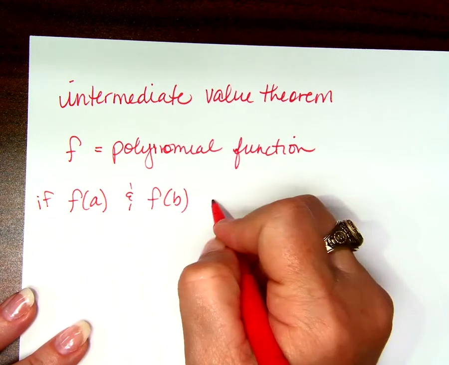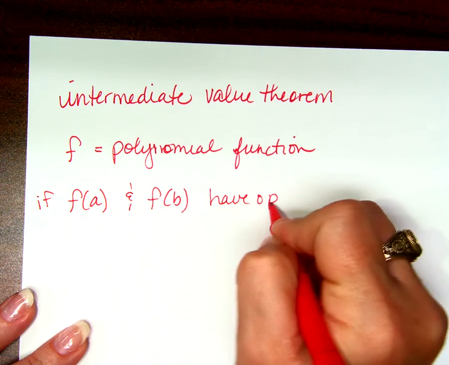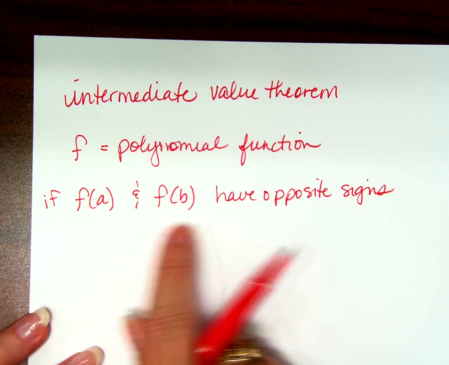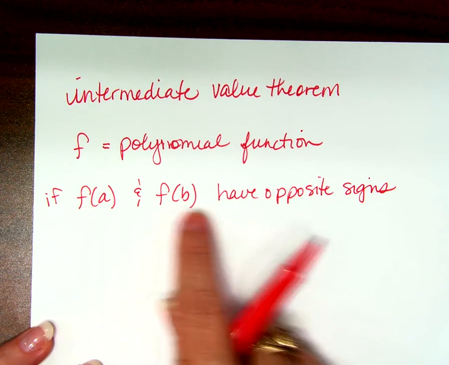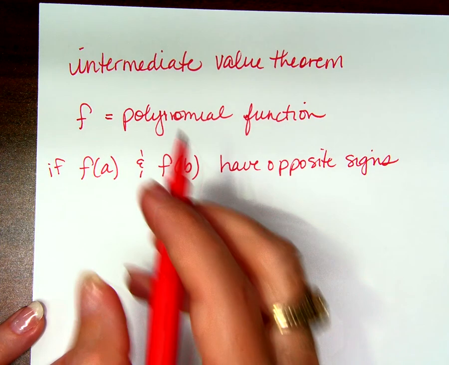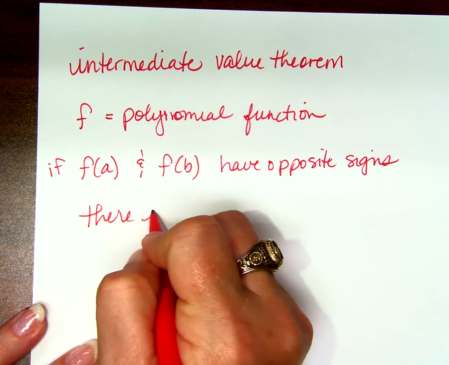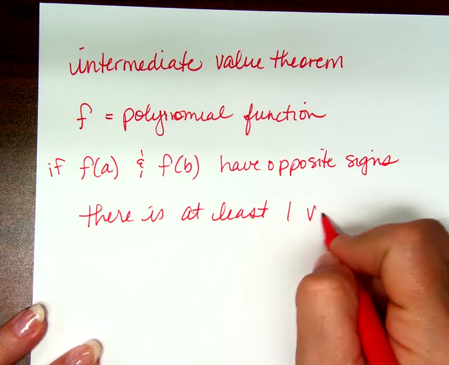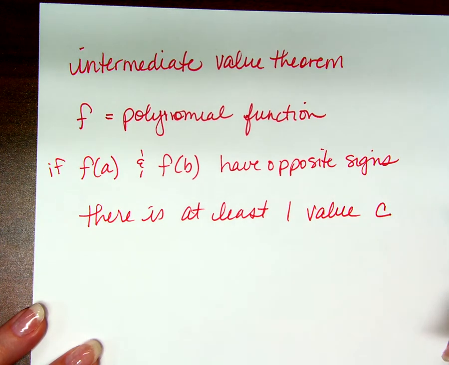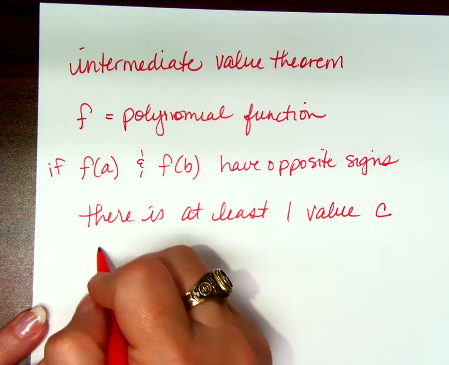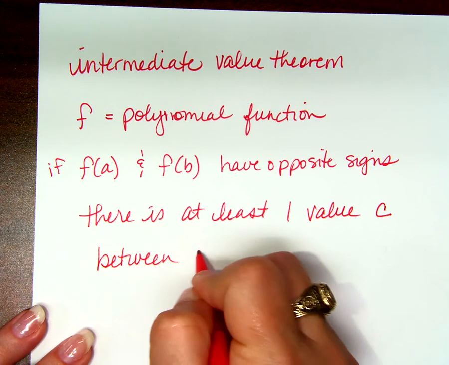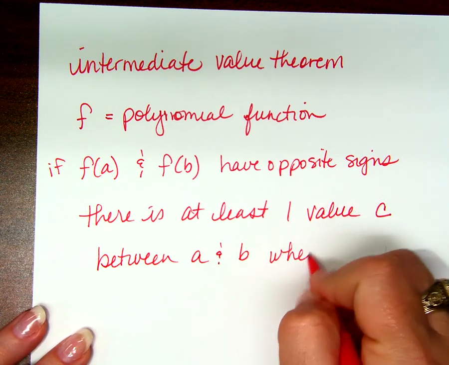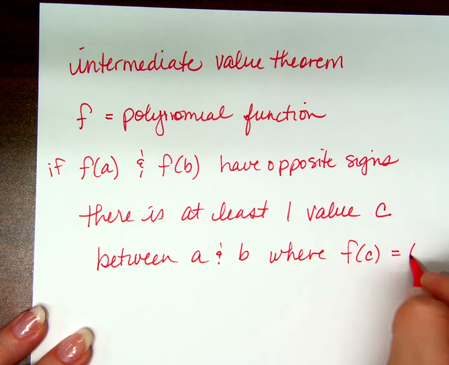So if f of A and f of B have opposite signs, like the value of the function if I plug in A, the value of the function if I plug in B, if they have opposite signs, there is at least one value, we're going to call that C, between A and B, where f of C is 0.